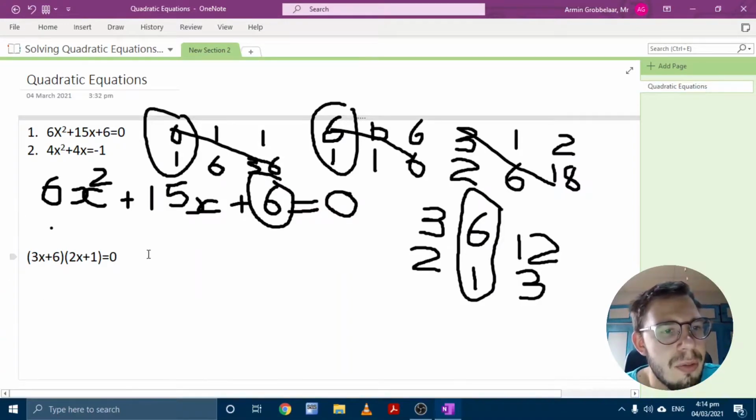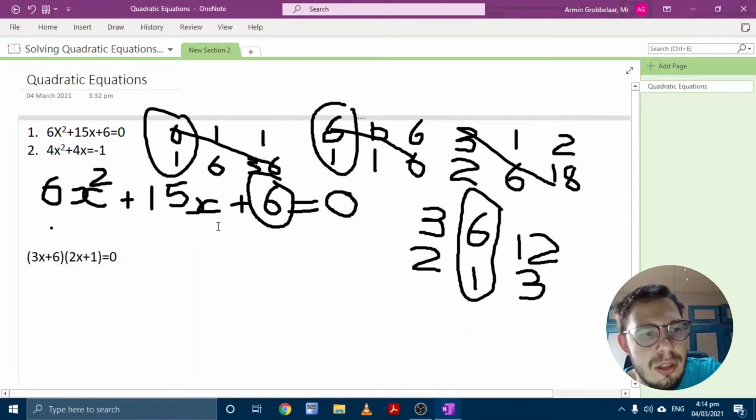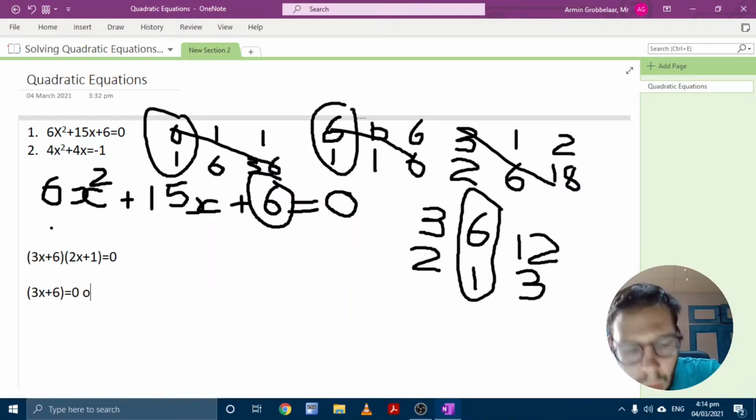Now we have the equation factorized, and we can proceed to the next step, which is to set each bracket equal to 0. So 3x plus 6 is equal to 0, or 2x plus 1 is equal to 0.